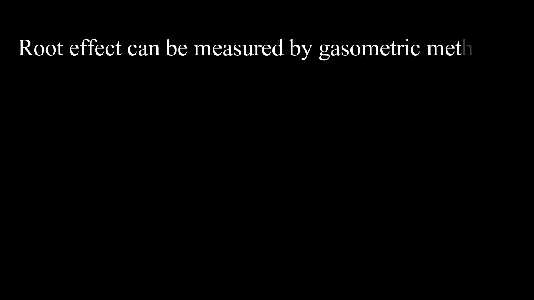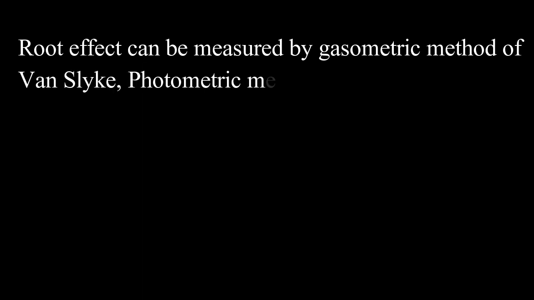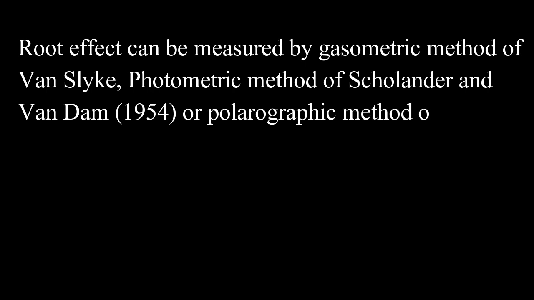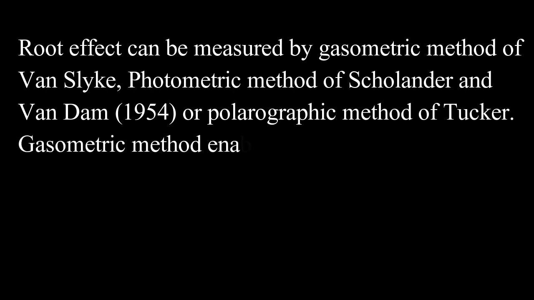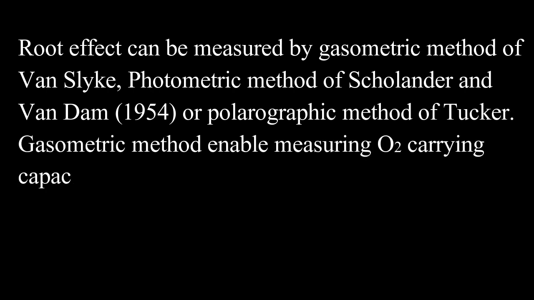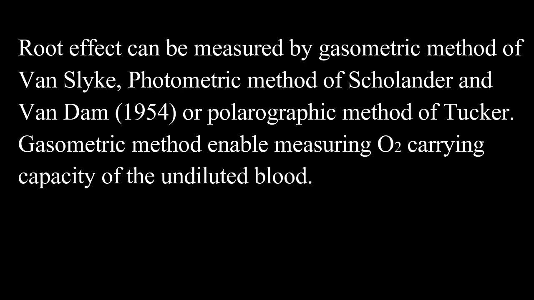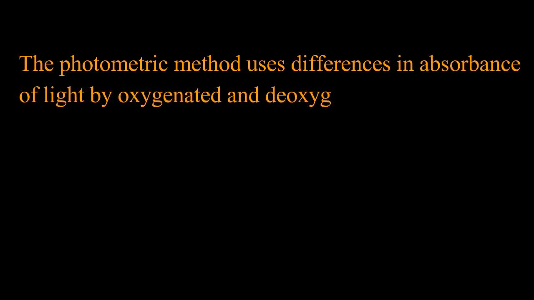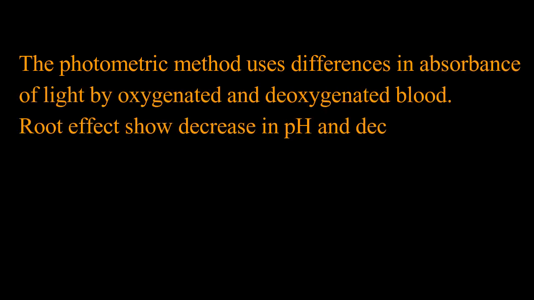Root effect can be measured by the gasometric method of Van Slyke, the photometric method of Scholander and Van Dam, or the polarographic method of Tucker. The gasometric method enables measuring oxygen carrying capacity of undiluted blood. The photometric method uses differences in absorbance of light by oxygenated and deoxygenated blood.